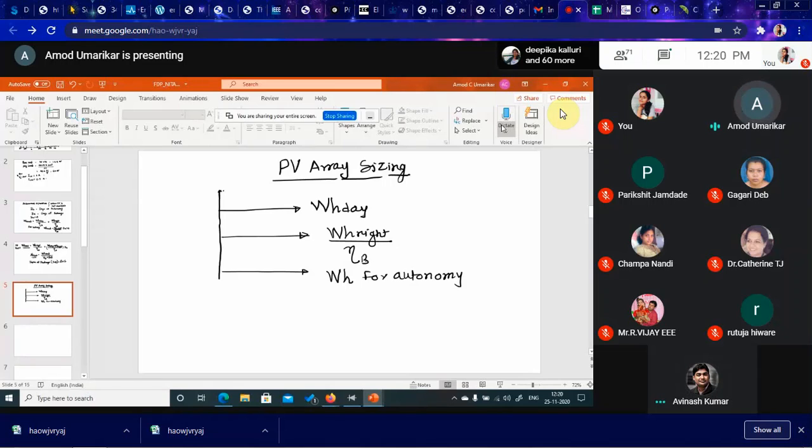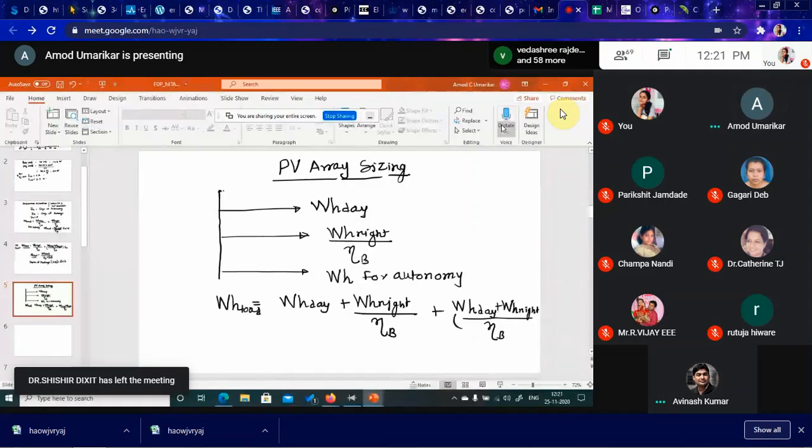So this WH day plus WH night. So total load is (WH day plus WH night) upon eta B plus (WH day plus WH night) upon eta B multiplied by D. Correct?